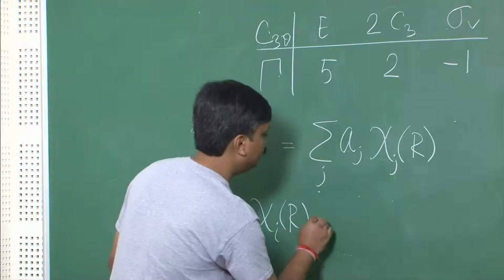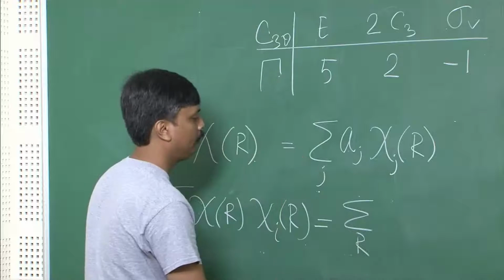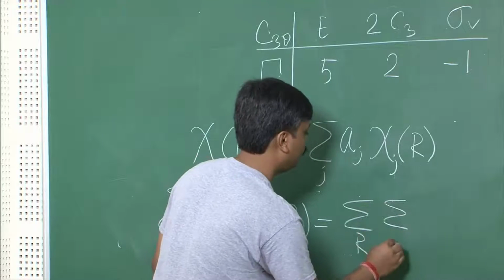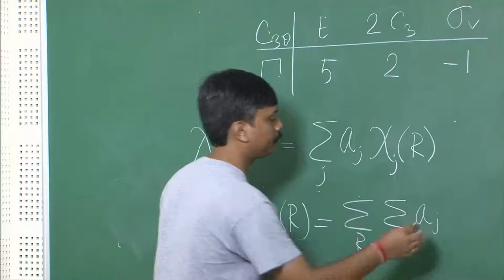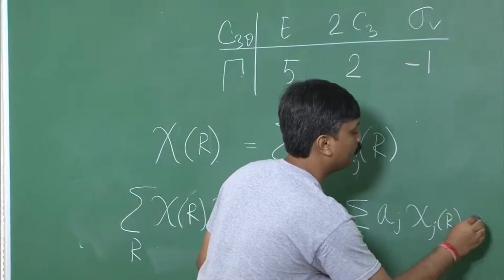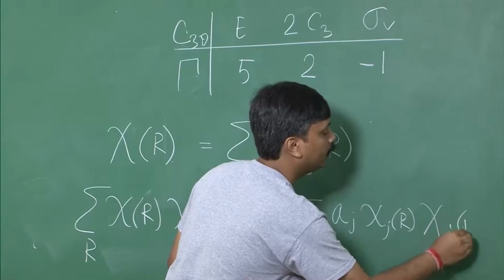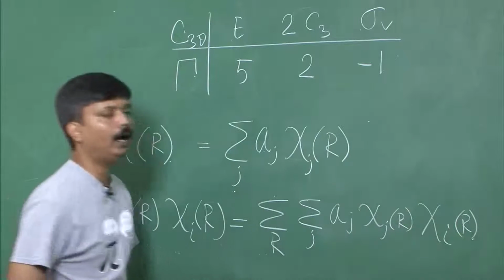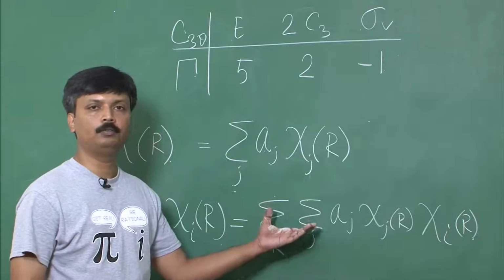So I can do that same thing here also. So I can sum it over R multiplied by chi of R for the ith irreducible representation.